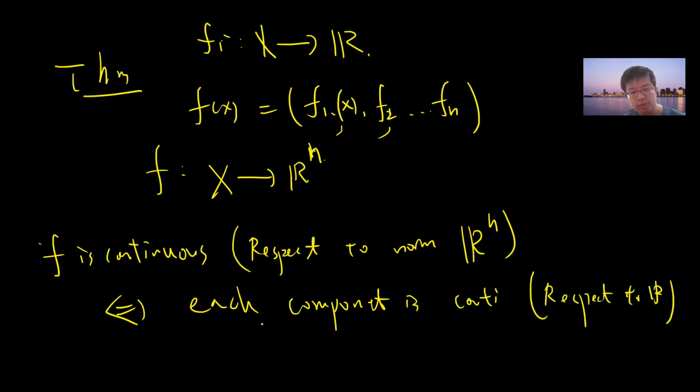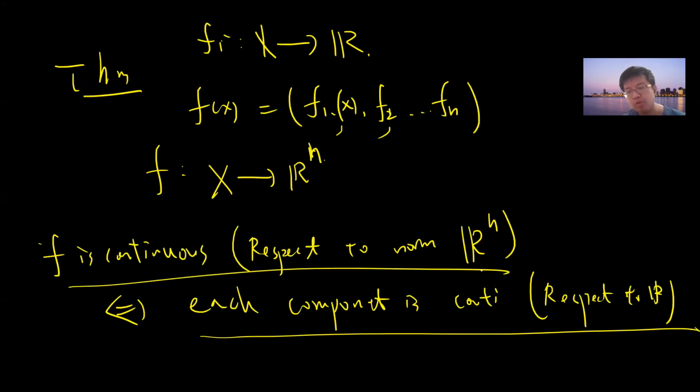This proof is also simple. We just need to suppose we can bound this, then we should be able to bound that. Suppose you pick out some coordinate, f_j(x) minus f_j(y), and you try to bound it.